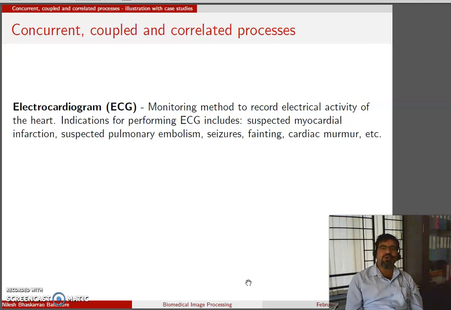Indications for performing ECG include suspected myocardial infarctions, suspected pulmonary embolism, seizures, fainting, cardiac murmur, etc. So when we receive the ECG signal, from the electrical activity of the heart, we interpret that received signal, and then the radiologist will relate the entire information with the different diseases.